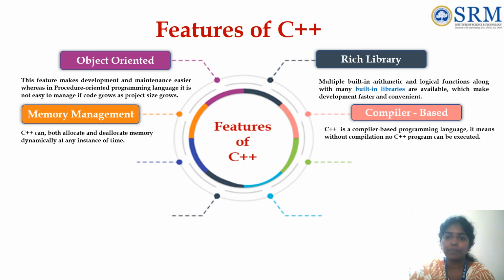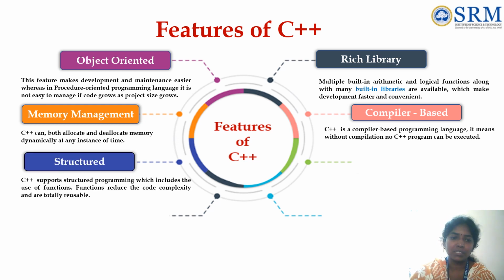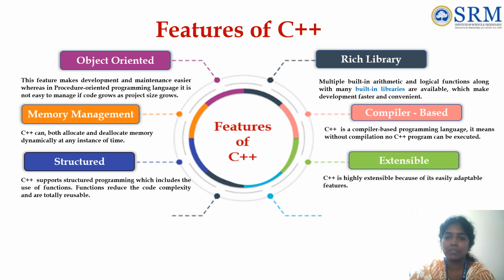Compiler based. C++ is a compiler based programming language. It means without compilation, no C++ program can be executed. Structured. C++ supports structured programming, which includes the use of functions. Functions reduce the code complexity and are totally reusable. Extensible. C++ is highly extensible because of its easily adaptable features.